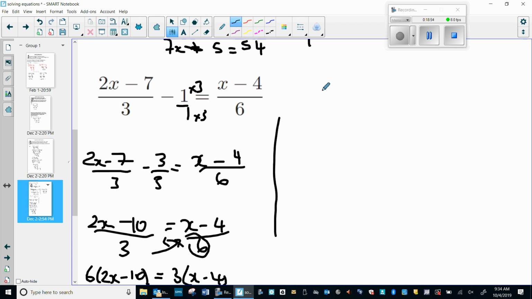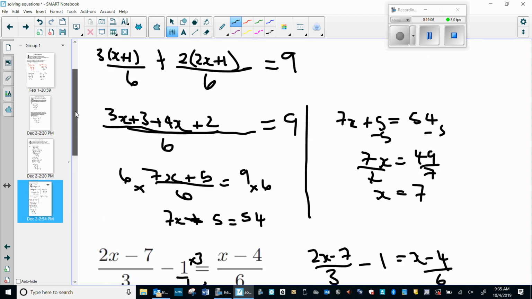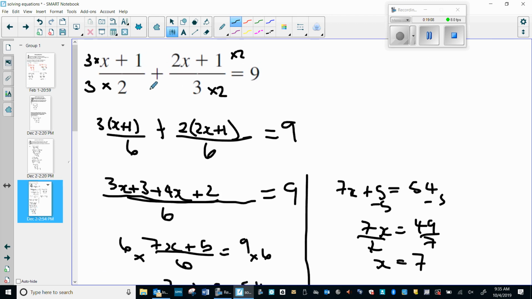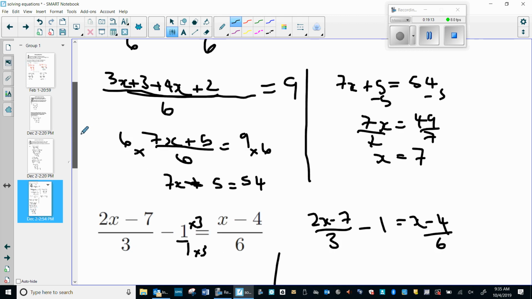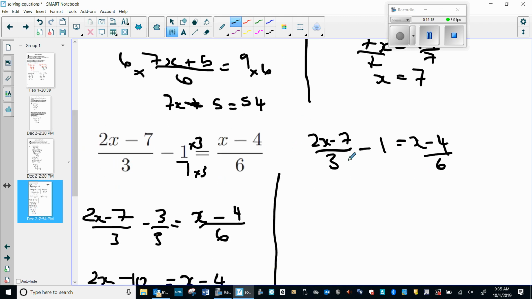Now your alternative is we had 2x minus 7 over 3 take away 1 equals x minus 4 over 6. Now, if we look at the question above, we had our two fractions grouped together and then our number on the other side. So what you may prefer is to rearrange this so it looks more similar to that one up above. So we could add 1 to both sides.